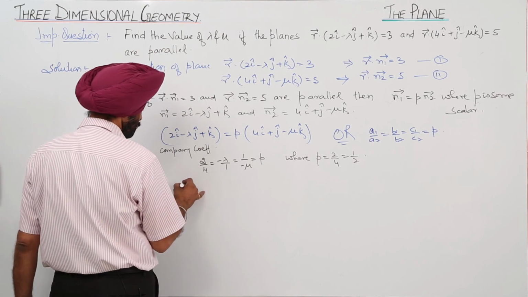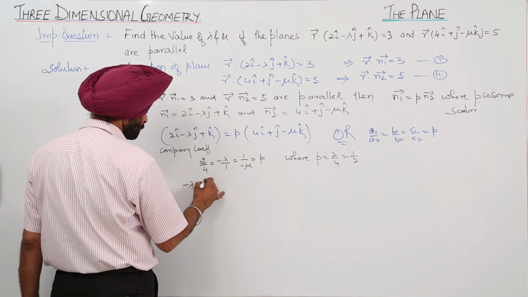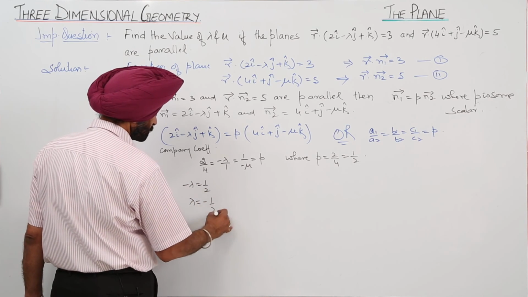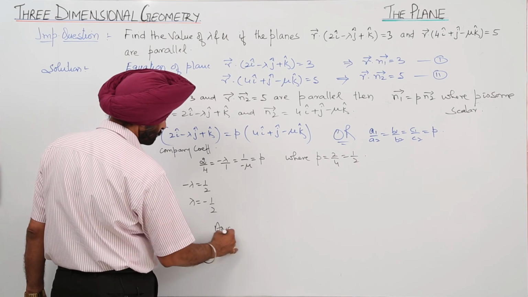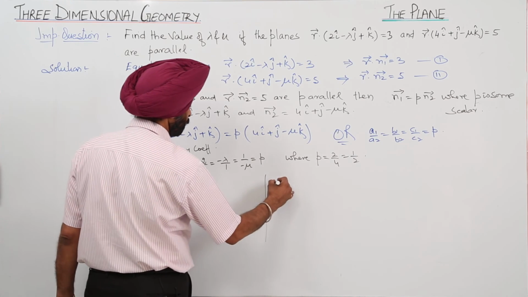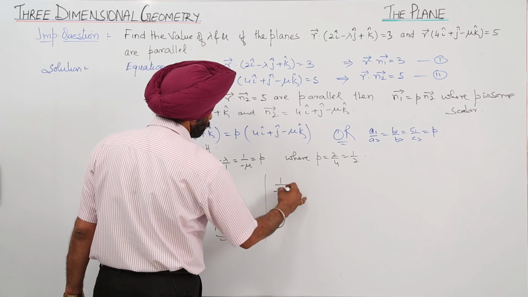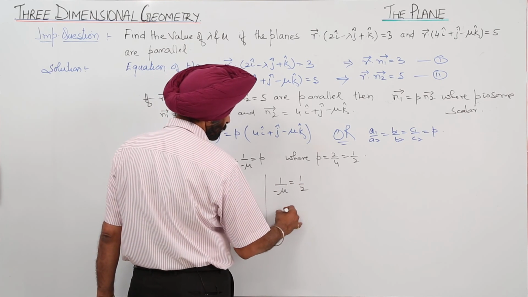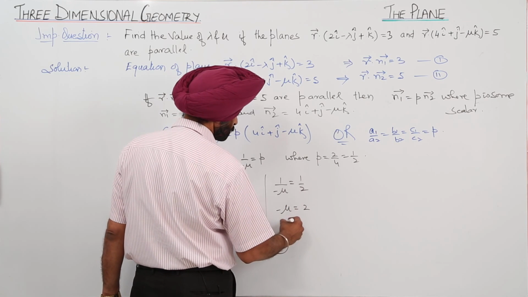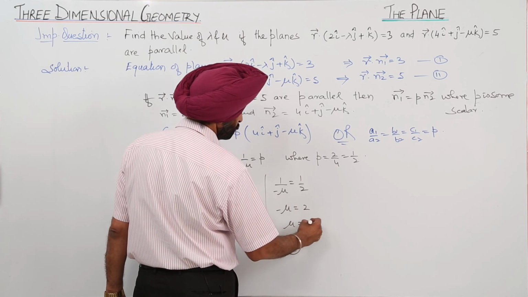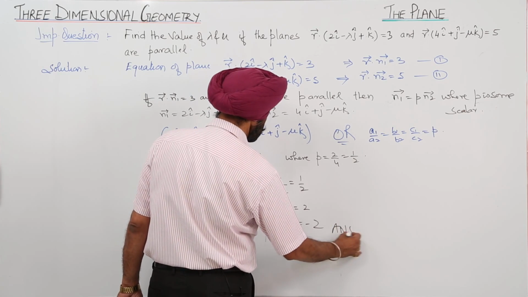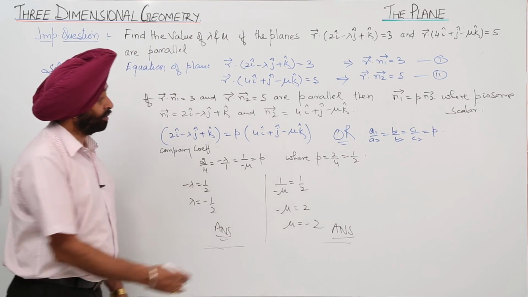Now, negative of lambda is equal to 1 upon 2, or lambda is equal to minus 1 by 2, one of the answers, and 1 upon negative of mu is equal to 1 upon 2, negative of mu is equal to 2, and mu is equal to negative of 2, answer. So, we are getting lambda and mu as answer.